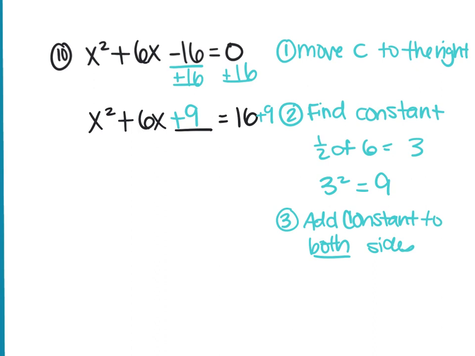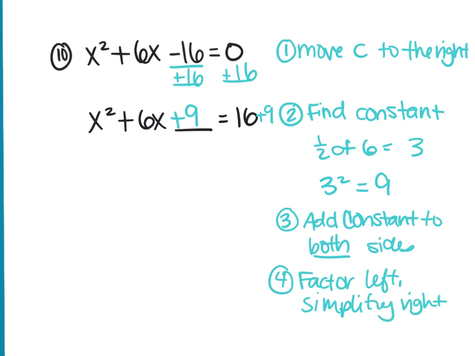All right, so you simplify. So factor the left, simplify the right. Okay, what do I mean by that? If you factor this, it's going to be that half that we found. So what was the half number that we found? Half of 6 was what? 3.